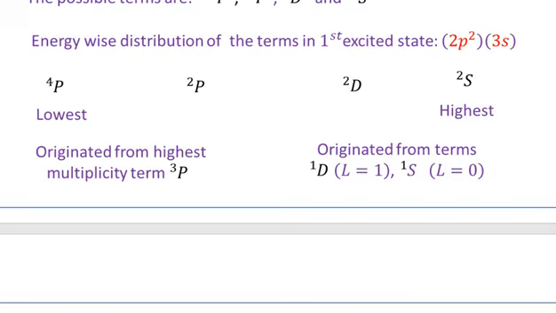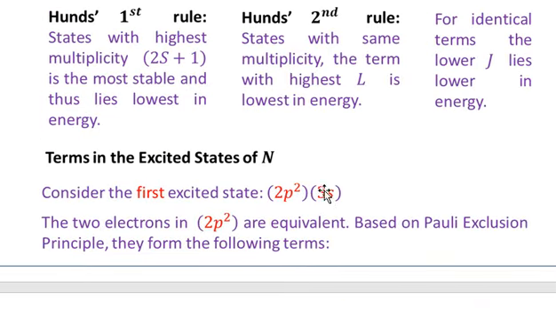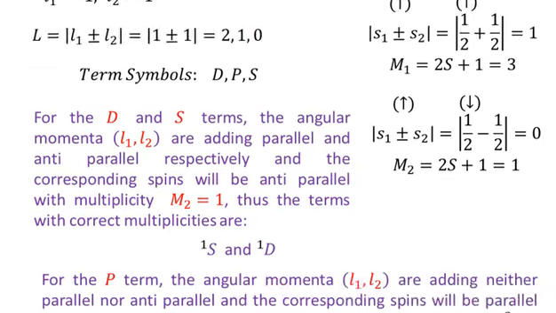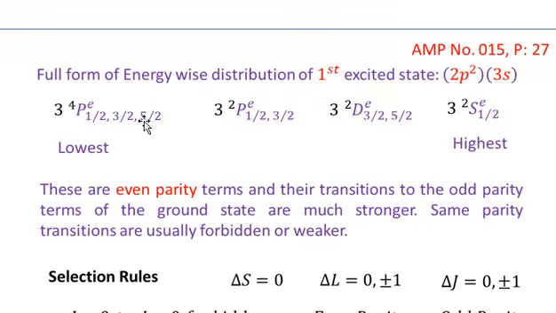You know that these states were obtained by the contribution of the 3s electron. So 3 will be used as the principal quantum number along each of these terms. And now I am writing down the total quantum number J. How to write the total quantum number J?